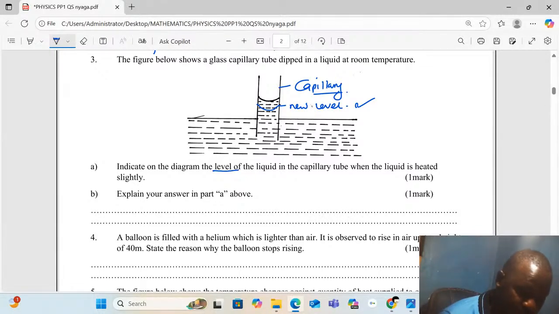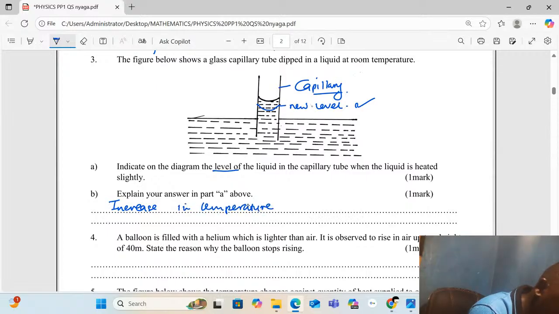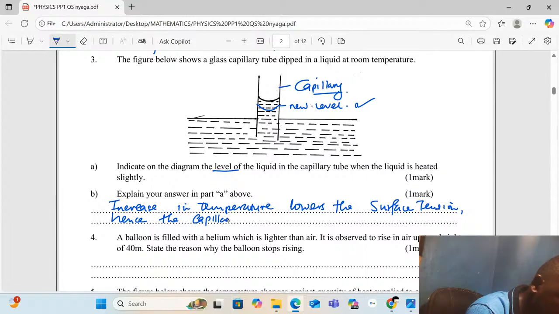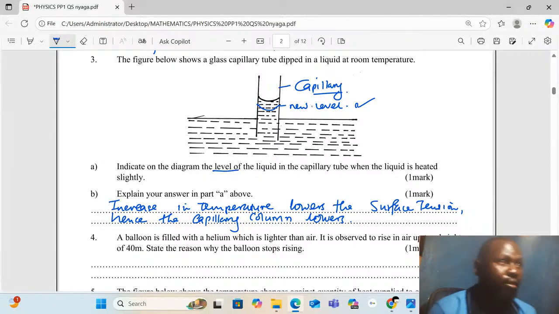Thus, the capillary column reduces. Hence, the capillary column lowers.